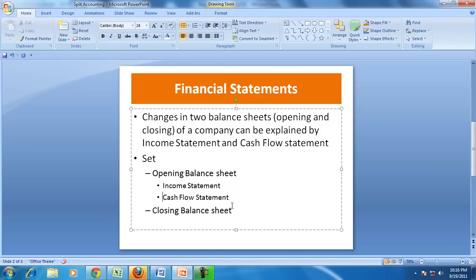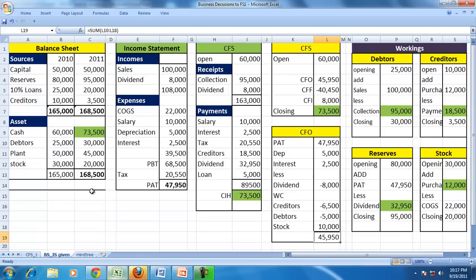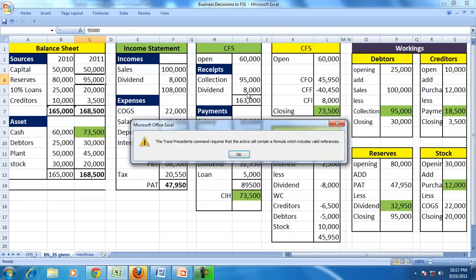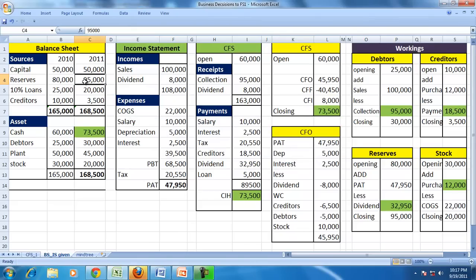So opening balance sheet plus or minus the transactions will give us the closing balance sheet, which we have seen here. So any item here will be adjusted as is due to the income statement and the cash flow statement.